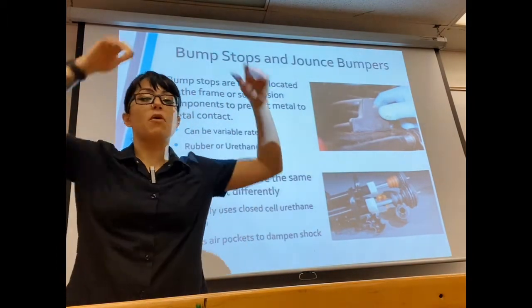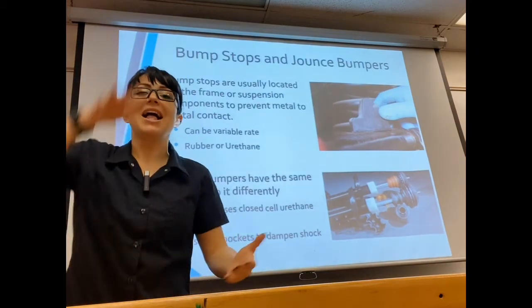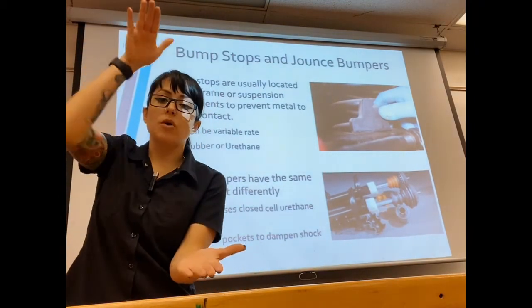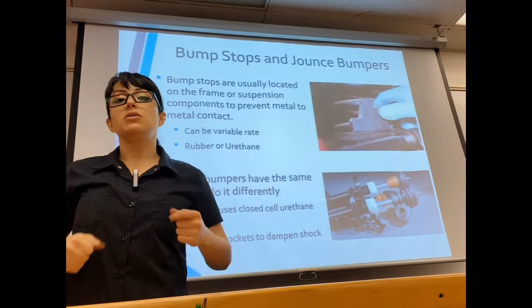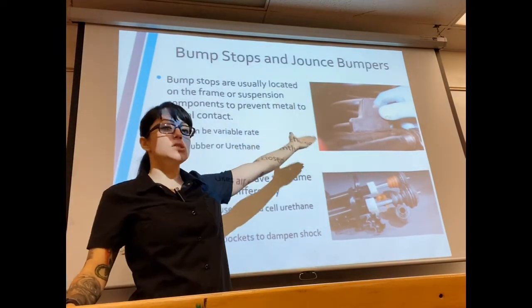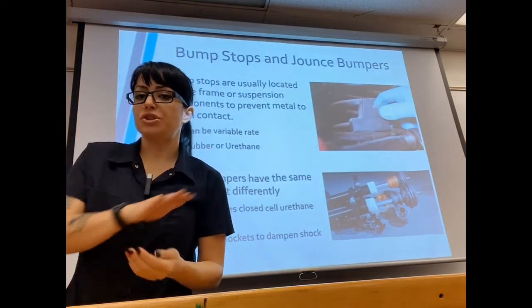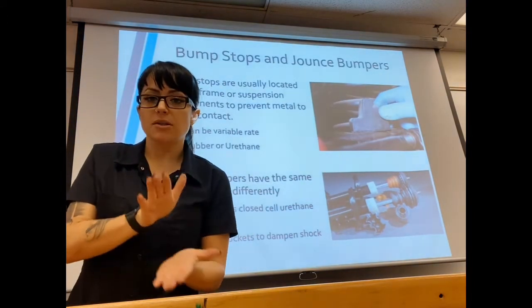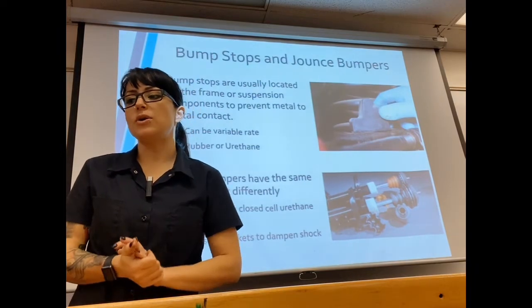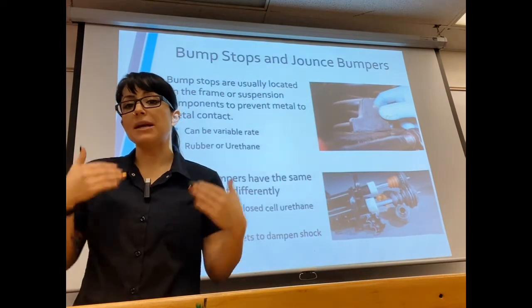Let's say you're going over a really hard bump or you accidentally jump the vehicle and you slam back down. You don't want the frame to come in contact with the vehicle, so you put in a bump stop on the frame. A lot of people who lower their vehicles will shave these down so you're not bouncing on the bump stops a whole lot.